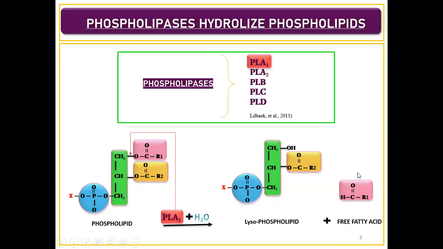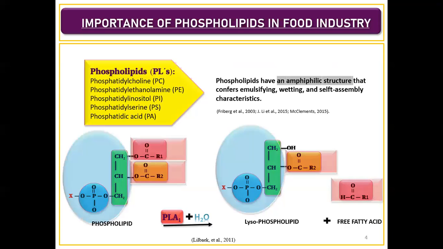So this is the way that the phospholipase works, and the importance of phospholipids in the food industry is mainly because they are good emulsifiers. And this characteristic of conferring emulsifying, wetting, and self-assembly properties is because of their amphiphilic structure.